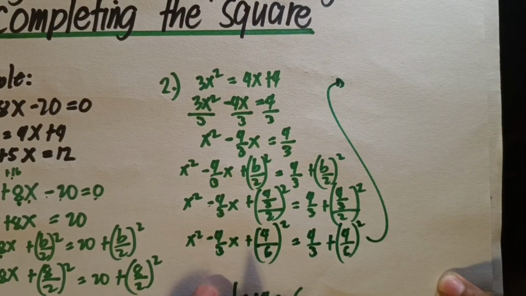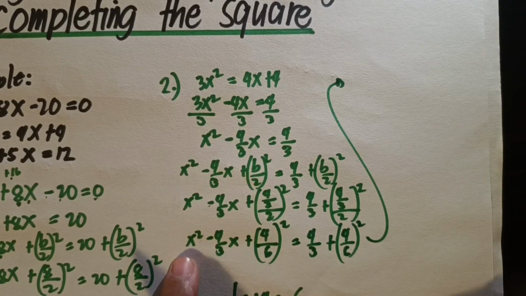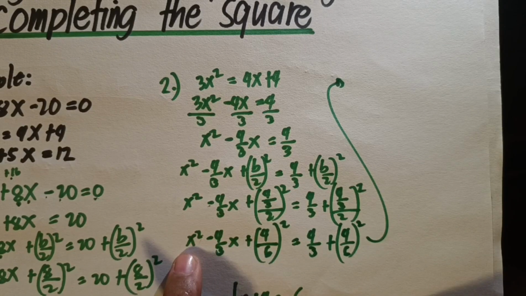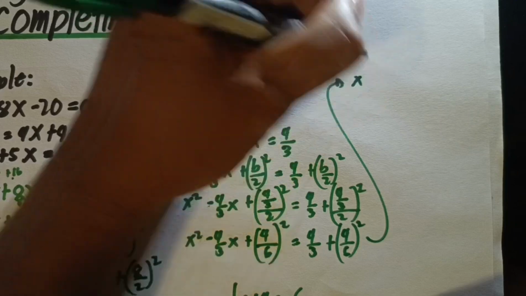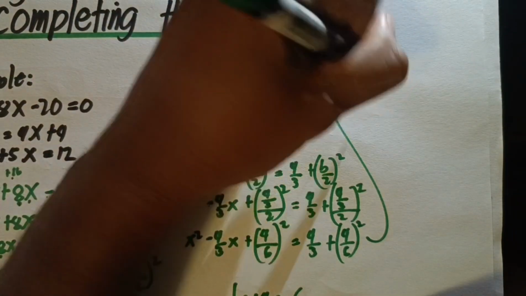So in this case, we now have a perfect square trinomial. We get the square root of the first term and the last term. The square root of x squared is x. Whatever the sign in the middle term, or the linear term, just copy it. Since it is negative, write negative.